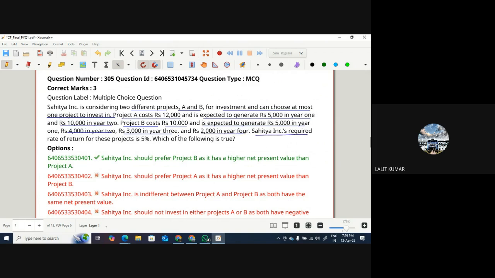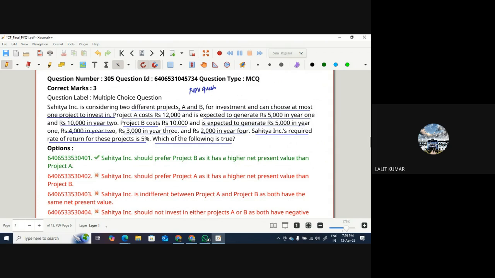Sahitya Income's required rate of return for these projects is 5%. Which of the following is true? What should they prefer, Project B or Project A? So this is nothing but an NPV question.